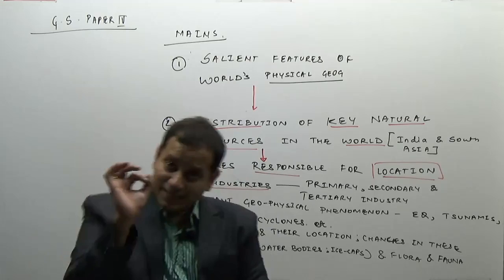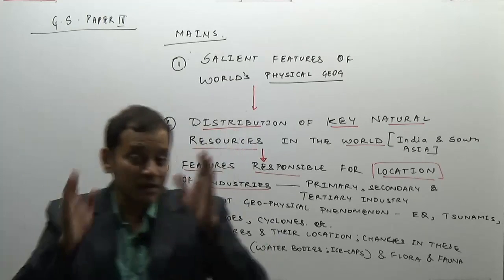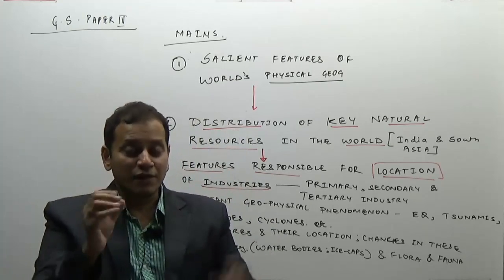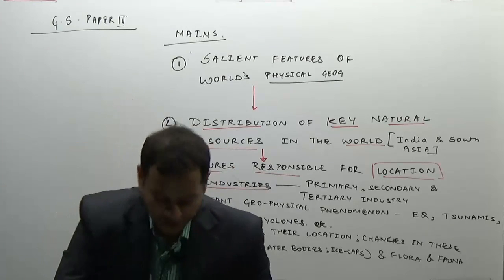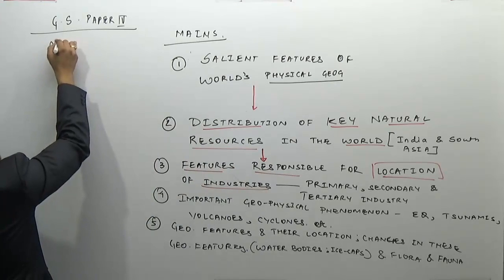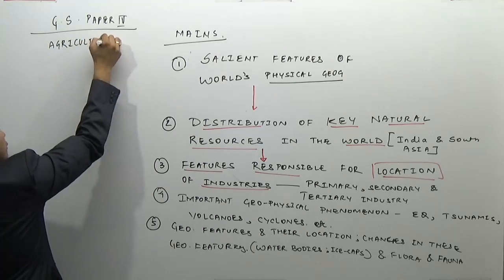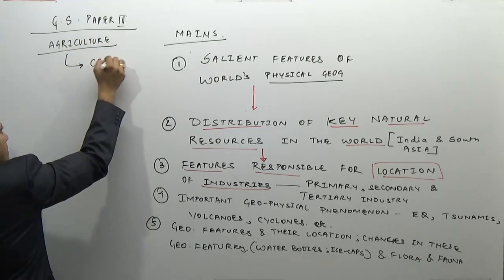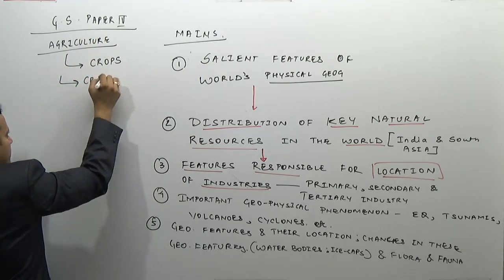So this is the applied part of geography in which we will cover the core geography areas, while some of the current features will have to be integrated with the economics part. What are the core features of geography here? The core features of geography are related to agriculture. The focus here is only on India, that is, the cropping pattern of India.